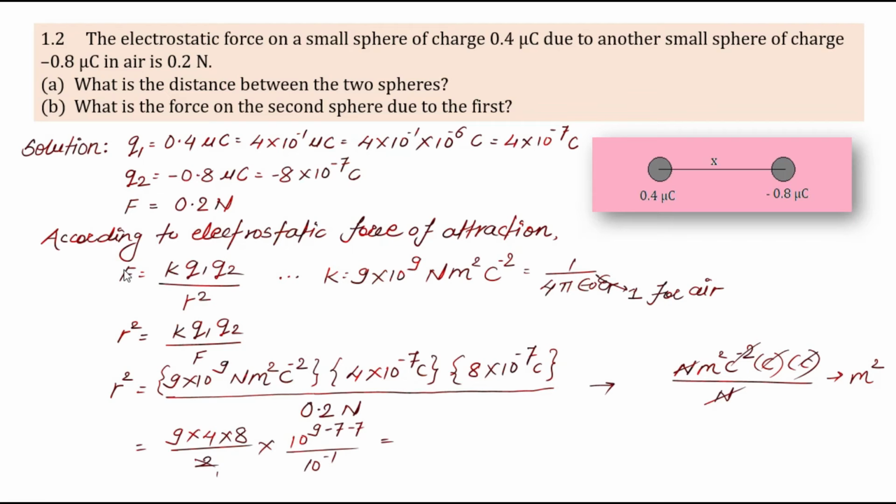Then 2 ones are 2, 2 twos are 4, 9 twos are 18 into 8. 18 into 8 into 10 raised to 9 minus 7 is 2, 2 minus 7 is minus 5, and minus 5 plus 1, as this minus 1 comes out to be plus 1 here. And finally, what we have is 18 into 8 is 144 into 10 raised to minus 4 meter square, that is R square.